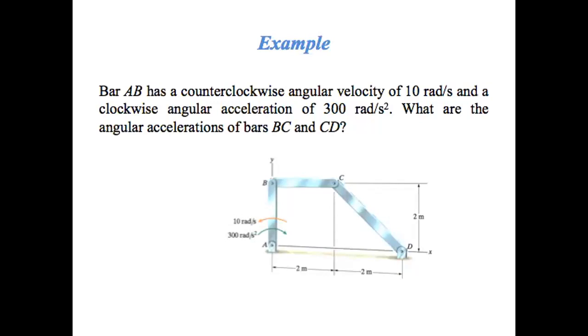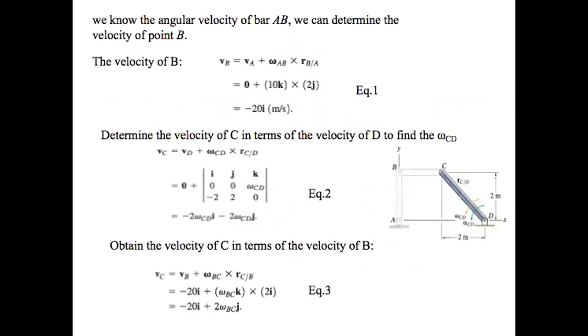Bar AB has a counterclockwise angular velocity of 10 radians per second and a clockwise angular acceleration of 300 radians per second squared. What are the angular accelerations of bars BC and CD? First of all, we have to determine the velocities VB and VC.